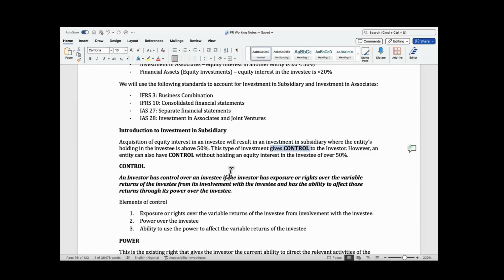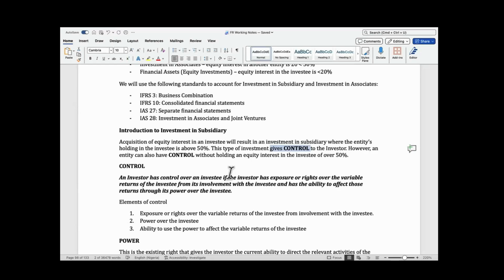So my point here is this: he is able to become a chairman because he has a lot of shares, and his holding is not up to 50%, but he has control. So why? We need to look at that. So that means investment in subsidiary can arise even if you don't have up to 50%.